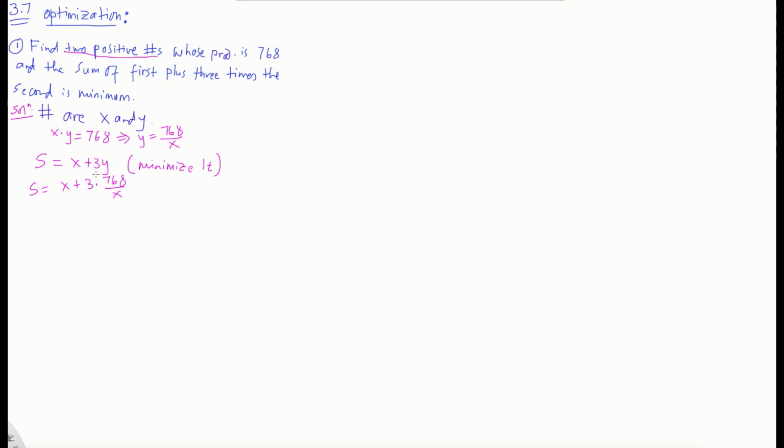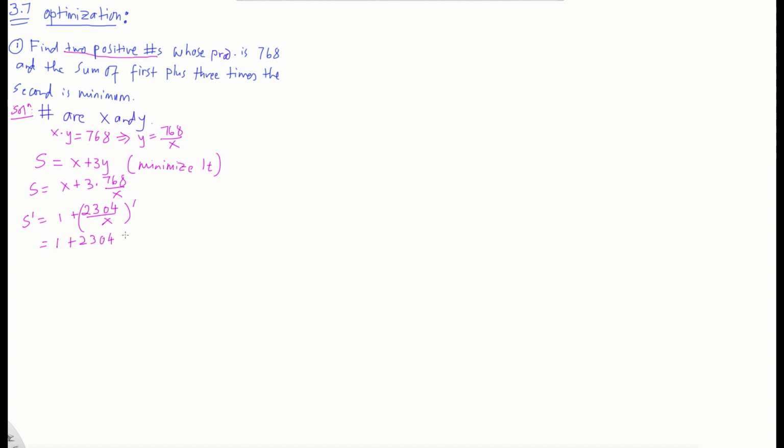You see that? Now we want to minimize this function. How do I minimize? You find s prime. S prime is the derivative of x, which is 1, plus 3 times 768, which is 2304, divided by x. Then you need to find the derivative of that.